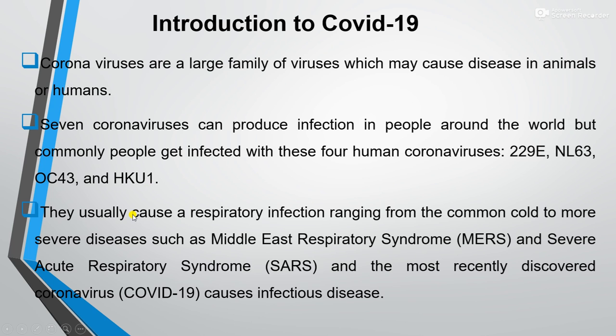They usually cause respiratory tract infections ranging from the common cold to more severe disease such as Middle East respiratory syndrome, that is called MERS, and severe acute respiratory syndrome, which can be abbreviated as SARS. The most recently discovered coronavirus, that is COVID-19, causes infectious disease.